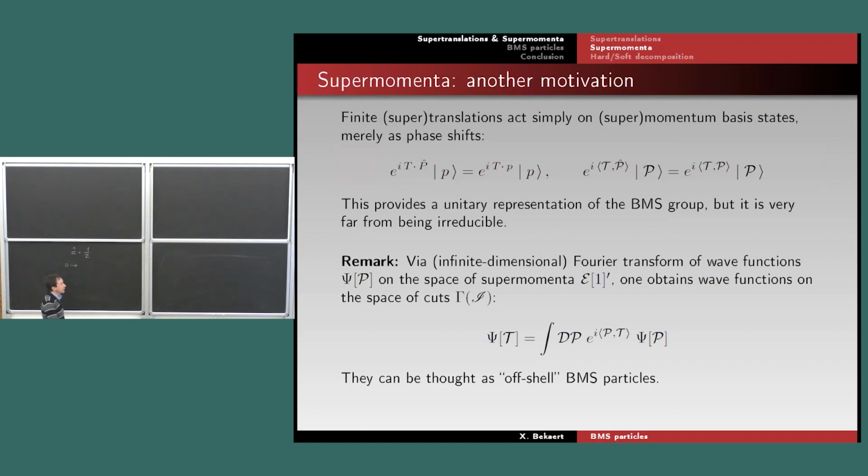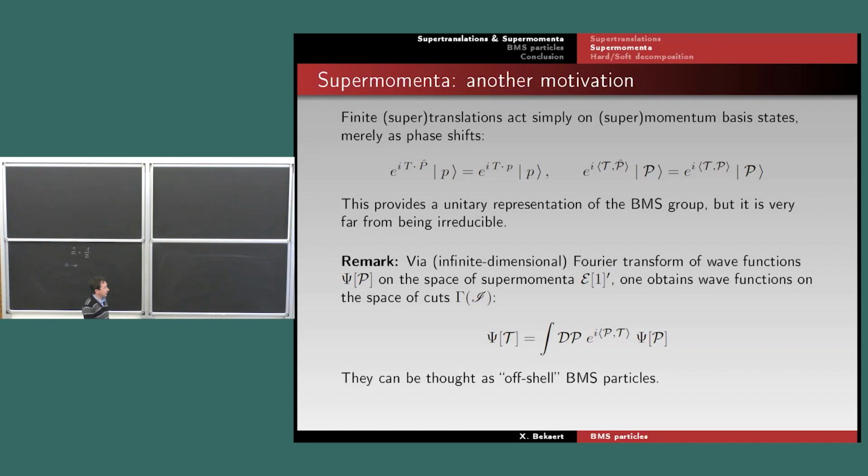Okay, so in this basis, the nice thing is that super translations act very simply, just by phase shifts. As I said, we will see that wave functions very naturally will be wave functions of super momenta, but by formal Fourier transform, you can have wave functions on the space of cuts.